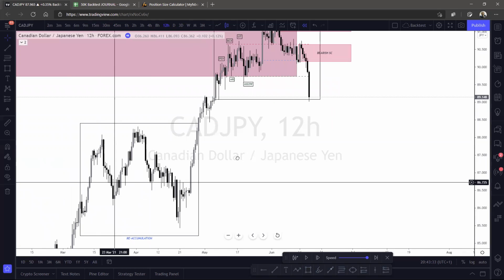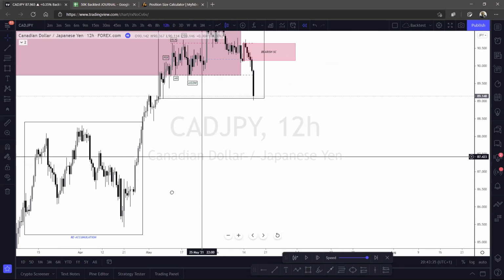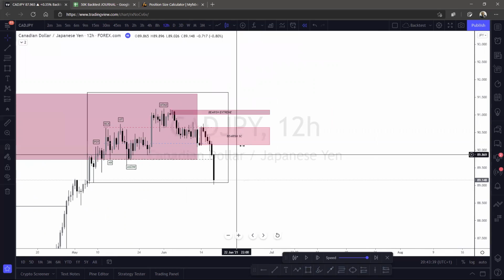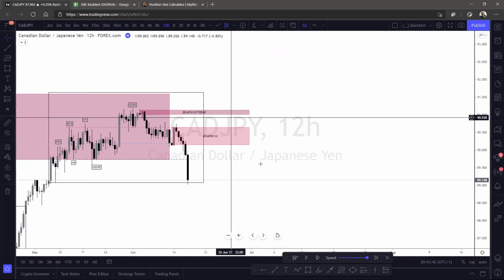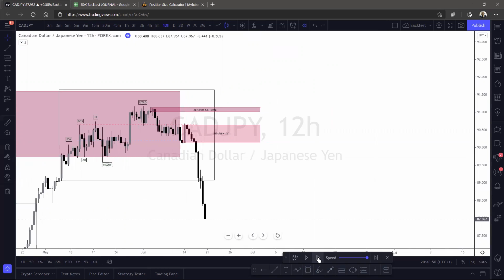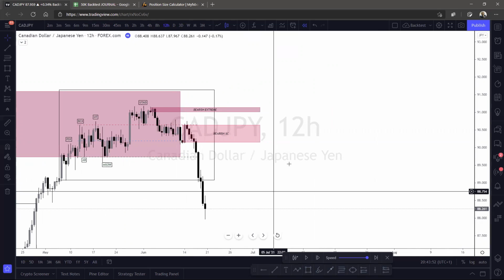Here's our demand zone, which we'll look at in a second. So let's see if we can get price to come back up into here, and let's see if we can find some sort of distribution on the lower time frame. The price is still coming down.